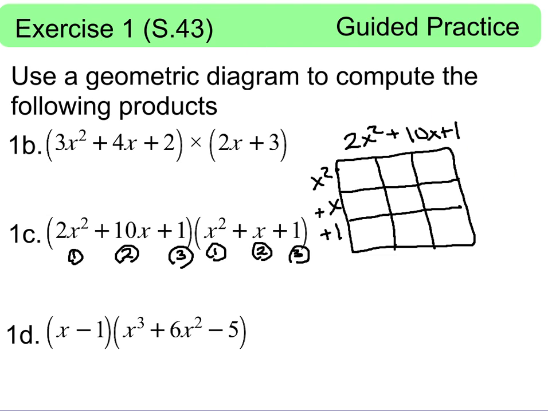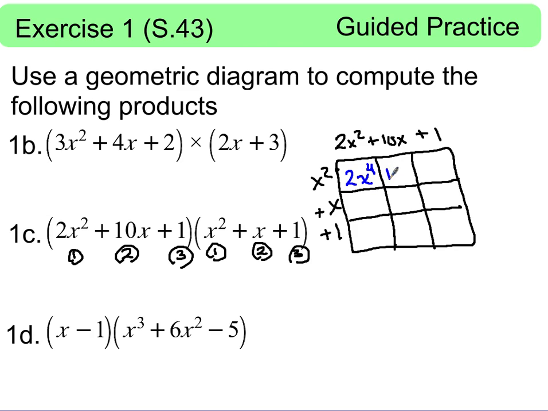So if we want to multiply, and I can line this up a little bit nicer, our 2x squared plus our 10x plus 1. And so if I filled it in, you would end up with 2x to the fourth. Remember, add the exponents.